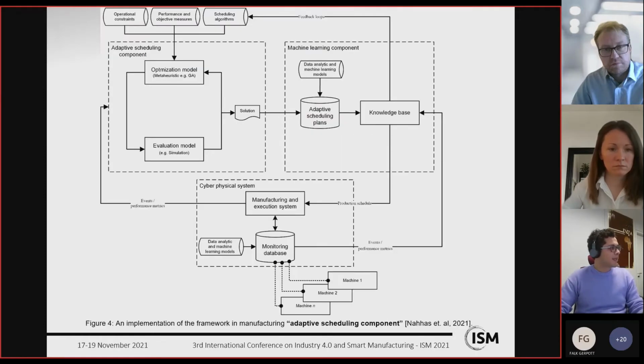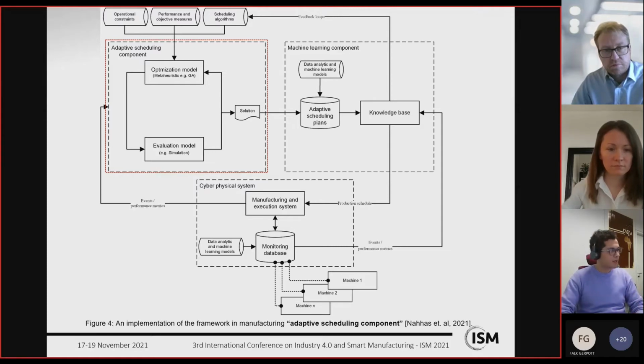Exactly. This implementation is actually part of a larger framework, and it's the adaptive scheduling component that we developed. The entire design consists of two main elements.